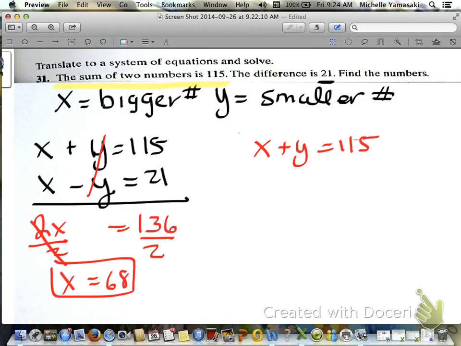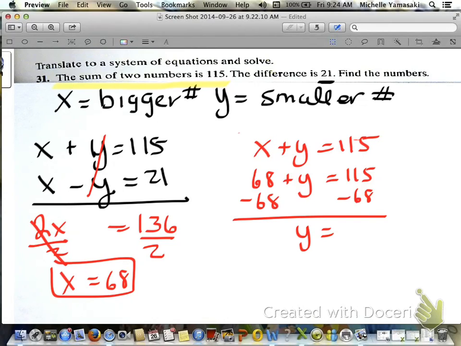That's why as soon as I saw I had to start adding and subtracting negatives. So 68 plus Y equals 115. Subtract 68. And Y is equal to 15 minus 8 is 7. 10 minus 6 is 4.